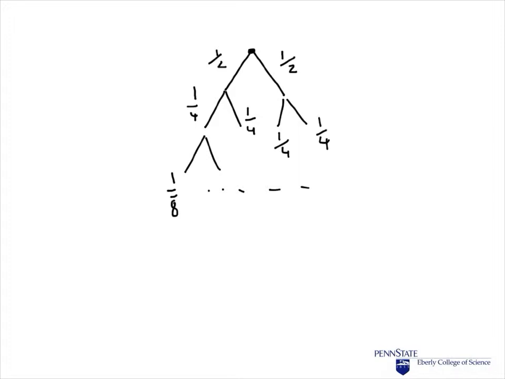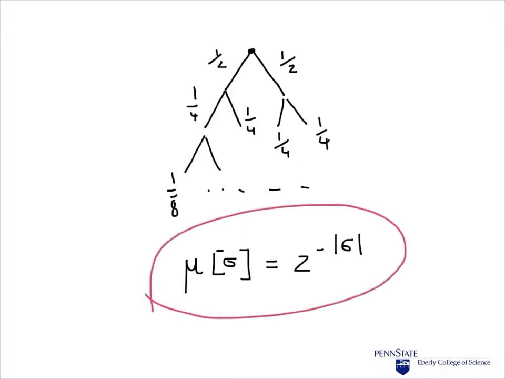Then you would have the following measure: the measure of a cylinder sigma would just be 2 to the minus the length of the cylinder. This here is called the uniform distribution. And you can think of it as an analog of Lebesgue measure in Euclidean spaces, because every interval gets equal weight or measure.